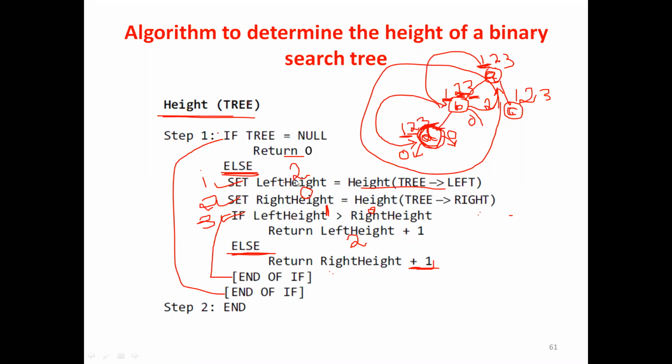Now 2 is stored in the left height. Next, what is happening? I'll go to step 2. Step 2, what happens? Height of right. Height of right is nothing but tree right, and it implies C.